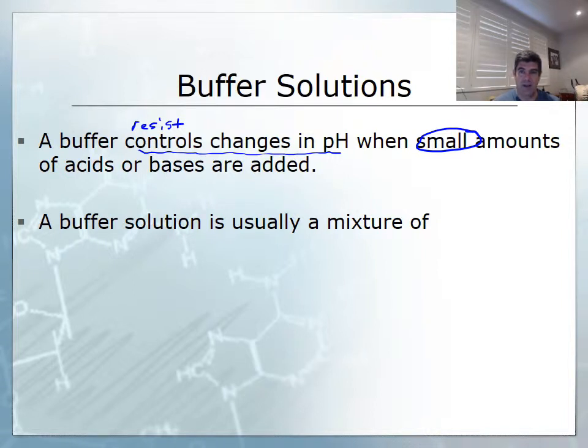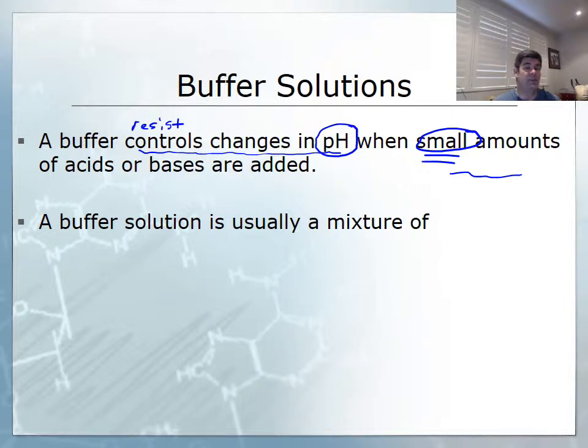Something like "small" obviously has some associated scale with it, but remember that if you pour a large amount of concentrated acid into a buffer solution, it won't function properly anymore. But as long as the fluctuations are reasonably small, the buffer is very good at resisting changes in its pH, so it can create a stable pH.